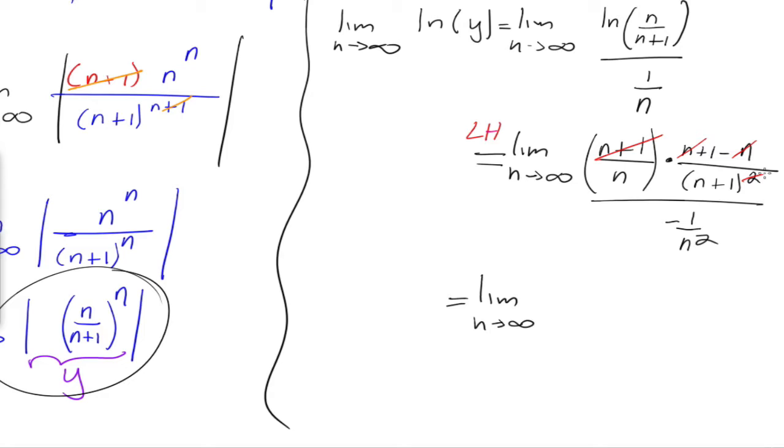Cross cancel out one of the n's. So we end up with negative n squared over n squared plus n. You can cancel out with one of the n's. You bring the n squared up to the top, it'll cancel out that other n. So it'll be negative n over n plus 1.